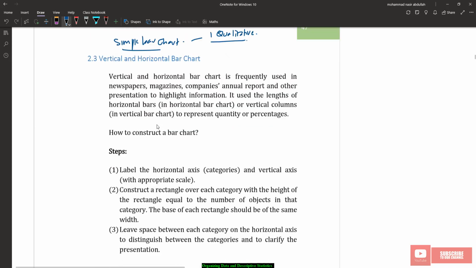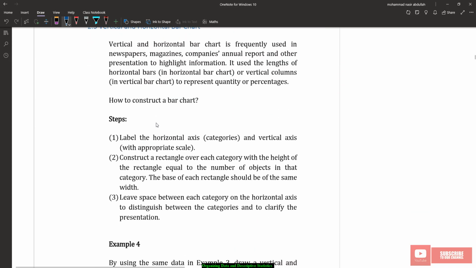Vertical and horizontal bar charts are frequently used in newspapers, magazines, companies, annual reports and other presentations to highlight information. They use the length of the horizontal bar in a horizontal bar chart and the vertical column in a vertical bar chart to represent the quantity or percentage. Quantity means frequency or percentage.